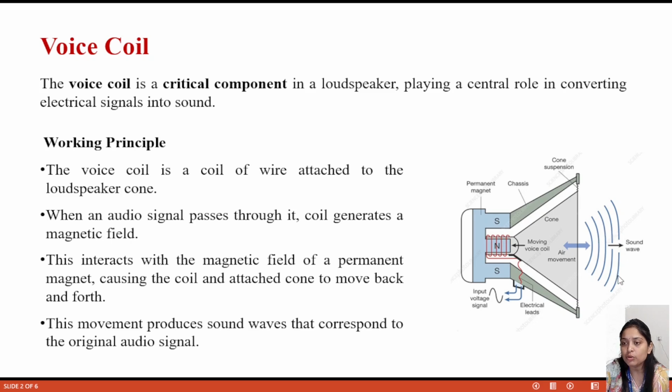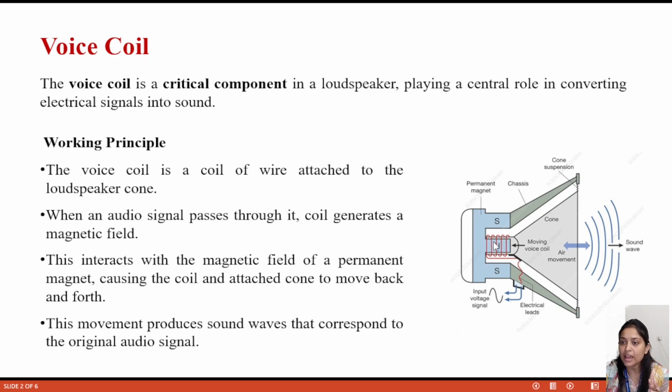There is already a permanent magnet, the blue one, so there will be a permanent, static magnetic field. When an electrical audio signal goes through the coil, it also produces a varying magnetic field. Through the interaction of the static and varying magnetic fields, the voice coil moves back and forth.